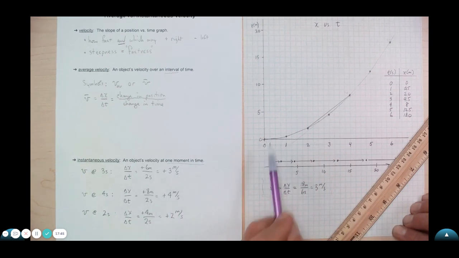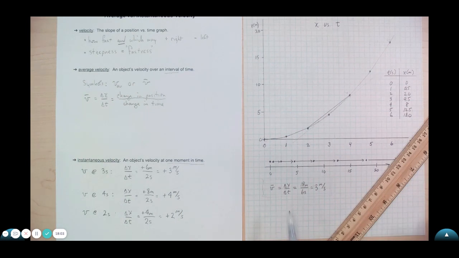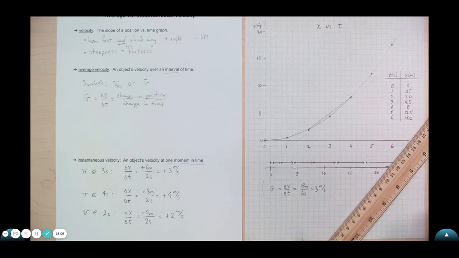So this is an object, this was a basketball rolling down a long driveway maybe, something like that. This is an object that began at rest and ended up going a certain speed, but right in the middle, its instantaneous velocity was the exact same as its average. And that'll become more important later on.